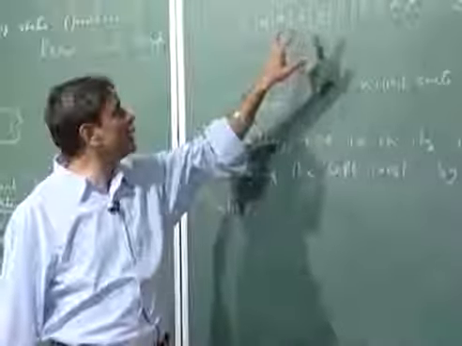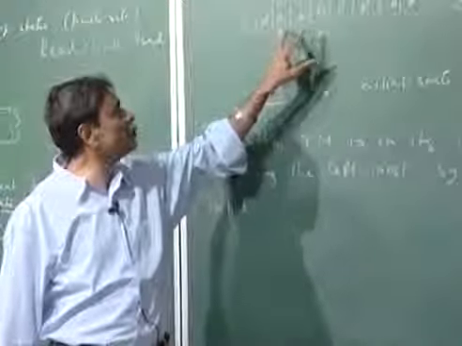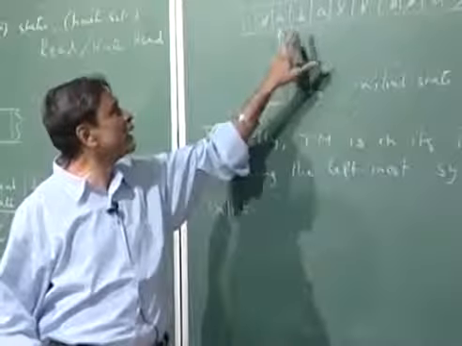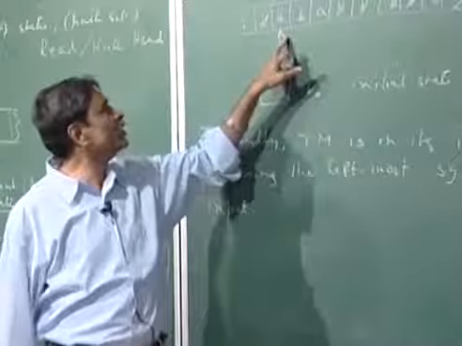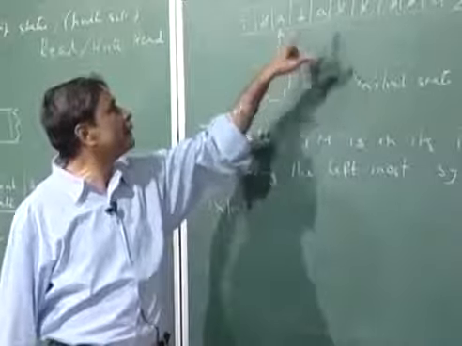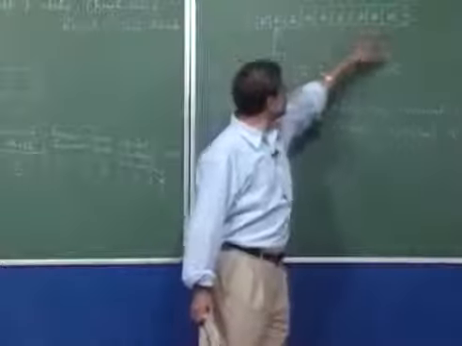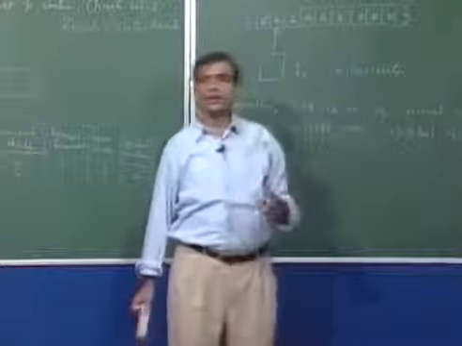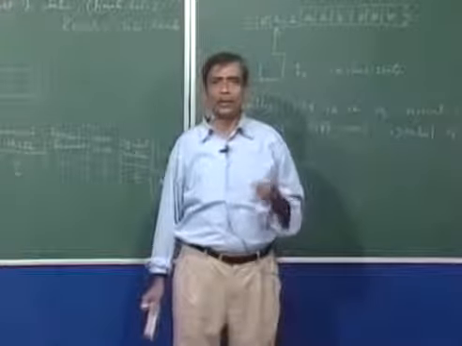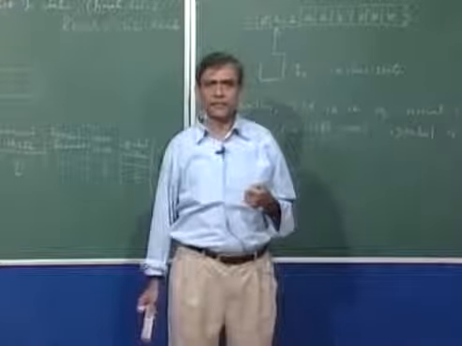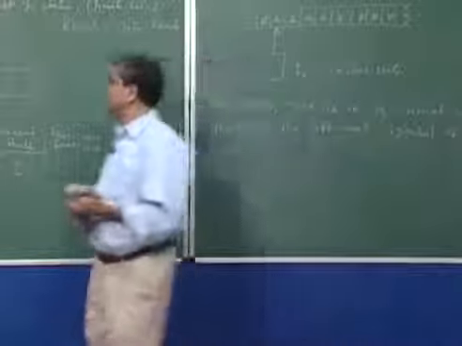To begin with, at least initially, the input is some finite string, the machine is scanning the leftmost symbol of the input, and the rest of the cells contain the special symbol called blank, all right.